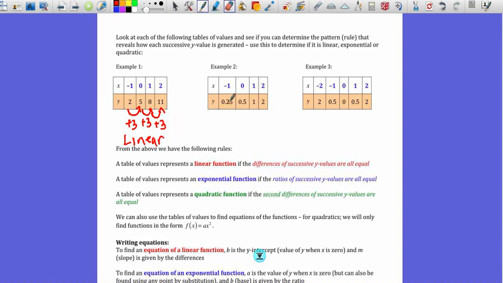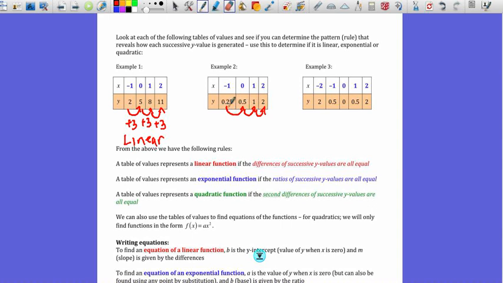Okay, if we look at example 2, then what we can see is we've gone from 1/4 to 1/2, 1/2 to 1, and 1 to 2. And so it's very clear that we are not adding or subtracting the same number, and so the pattern suggests that this is not linear.